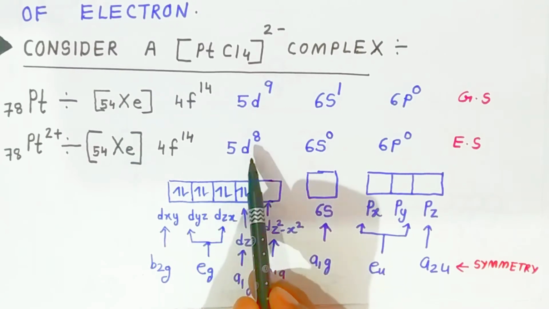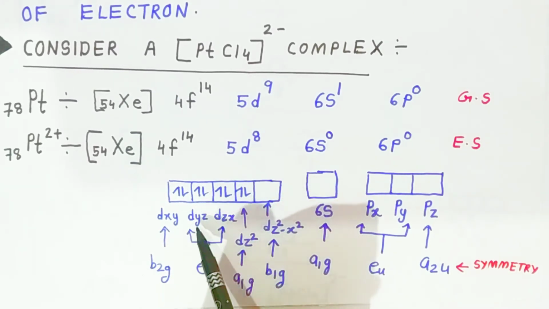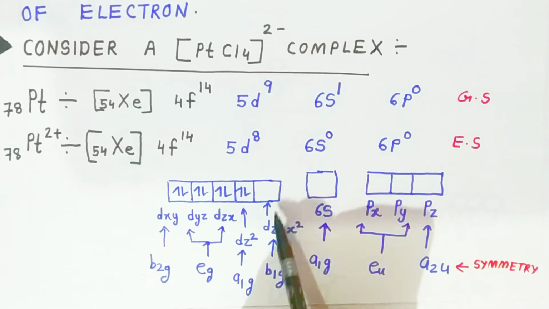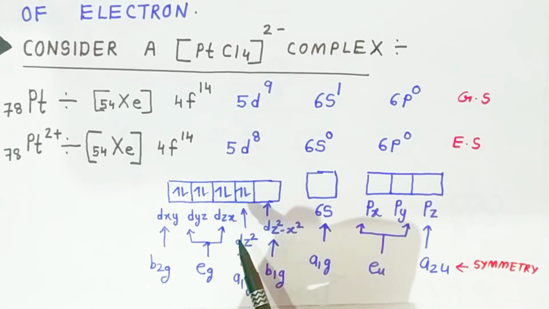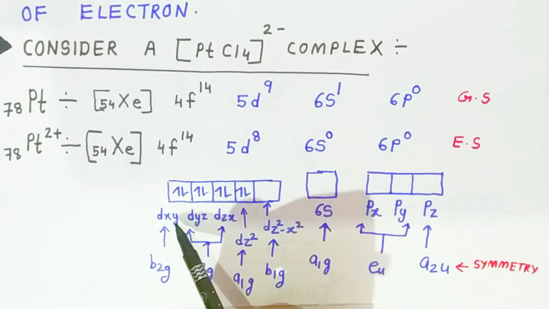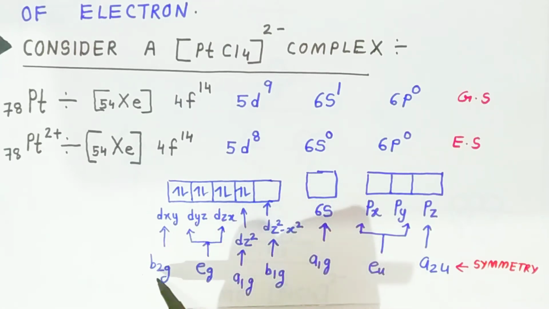The 5d orbitals are dxy, dyz, dzx, dz square and dx square minus y square. 5 atomic orbitals are there. Now students, the dxy orbital has the symmetry we call B2g. dyz and dzx have one type of symmetry, which we call Eg symmetry.